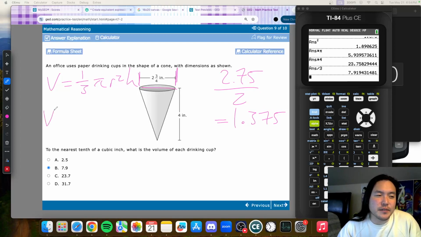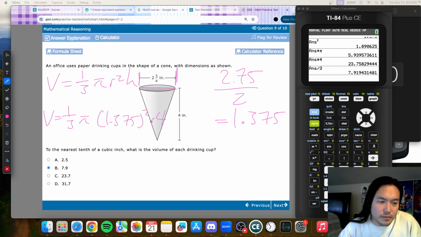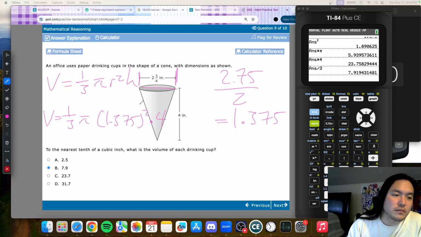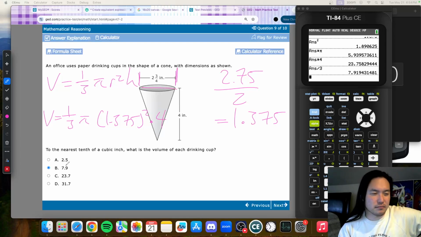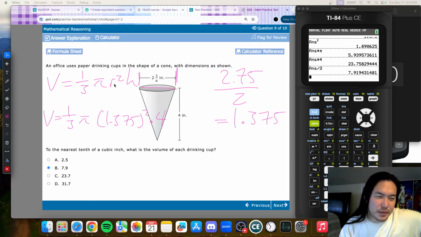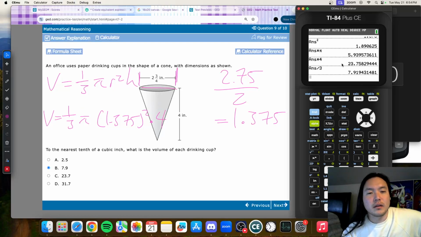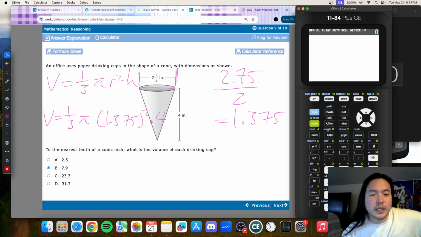So the volume becomes very simple. Volume becomes 1/3 pi times 1.375 squared times 4. This paper cup's pretty small, so that makes sense. Like 8 ice cubes fills up the tiny paper cup. Okay. You can do it all at once: 1/3 times pi times 1.375 squared times 4.